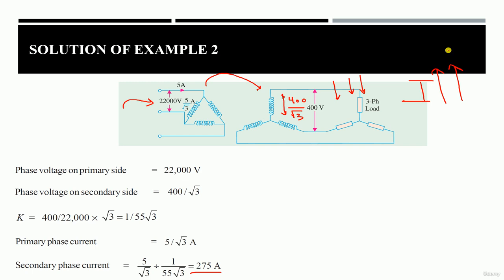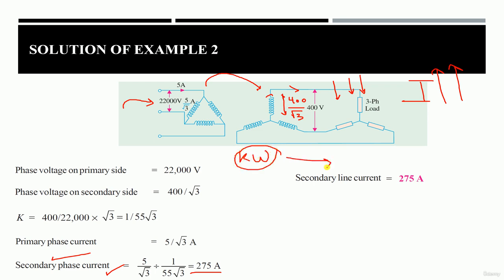Okay, so what is the next step? We obtained the primary phase current and the secondary phase current, which is similar to the line current. Now we need to find the last thing, which is the power. You can see the secondary line current is similar to the phase current. Now let's get the output power in kilowatt. Remember, kilowatt.